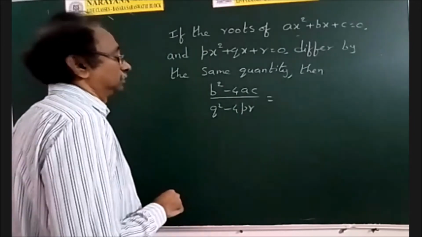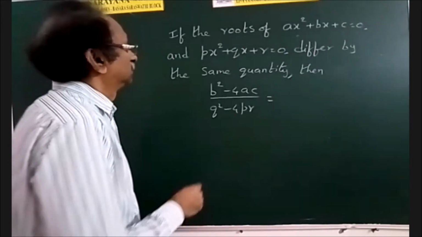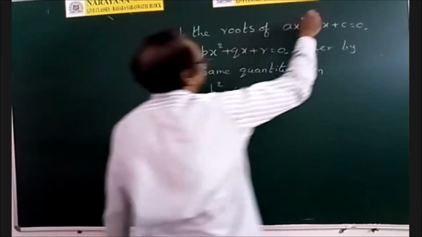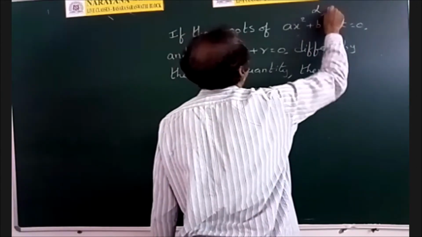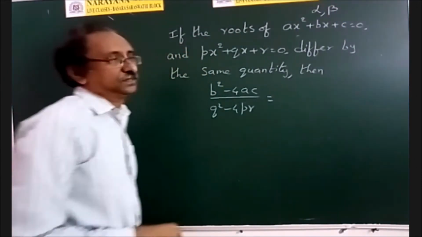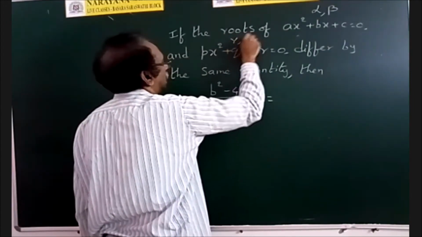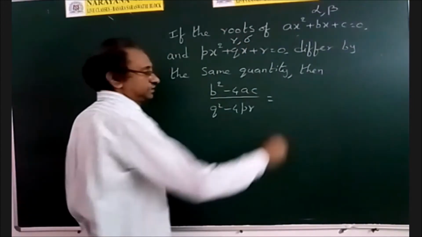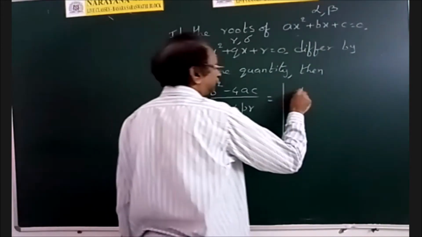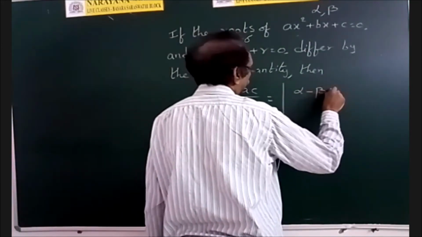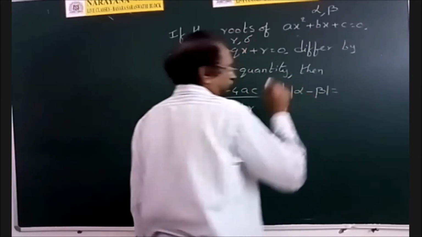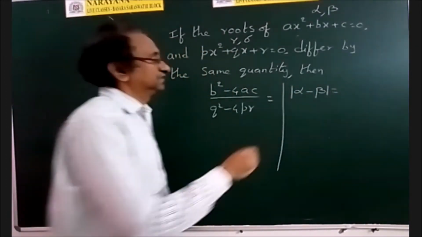Very good. See, suppose the roots of this equation are alpha comma beta, and the roots of this equation are gamma comma delta. Therefore, the difference of the roots for the first one: what is the formula for difference of the roots?